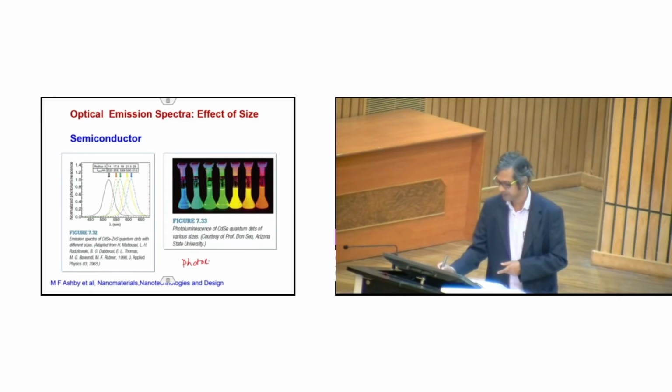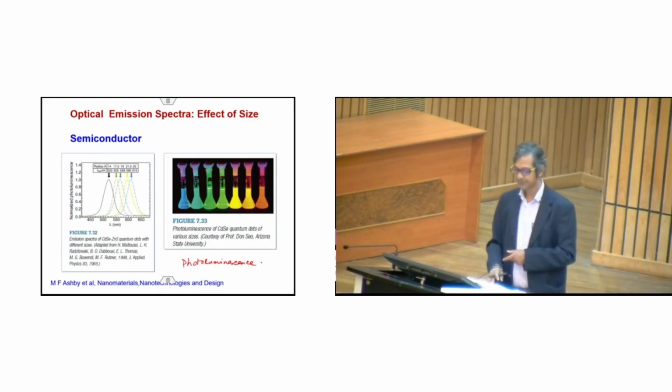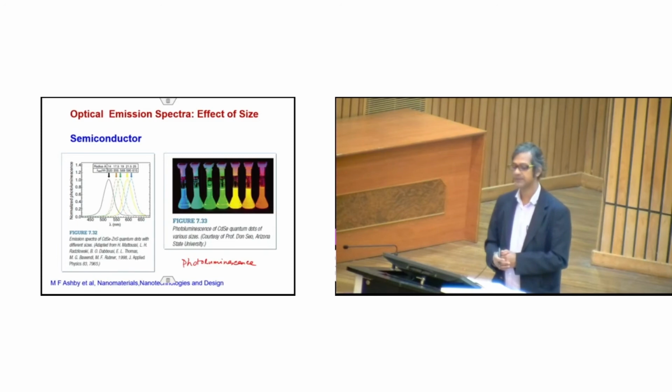Remember, this all we discussed. What is photoluminescence? Let me discuss these two plots which are taken from different sources, but available in Michael Ashby's book. As you see on the left side of the plot, what is shown is the emission spectra of cadmium selenide, zinc sulfide quantum dots of different sizes.